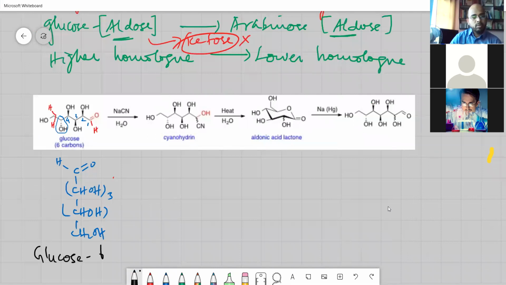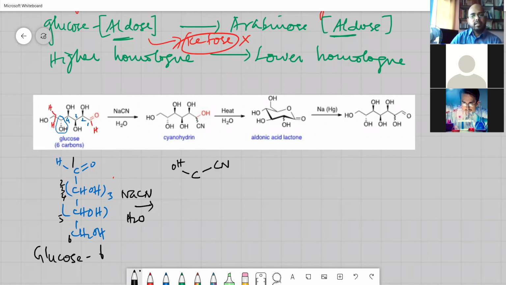6 carbon atoms, 1, 2, 3, 4, 5 and 6 carbon atoms. Then it is made to react with sodium cyanide in the presence of water. You get, here you see, this C double bond O is converted into CHOH, and you have one more group which is called CN.